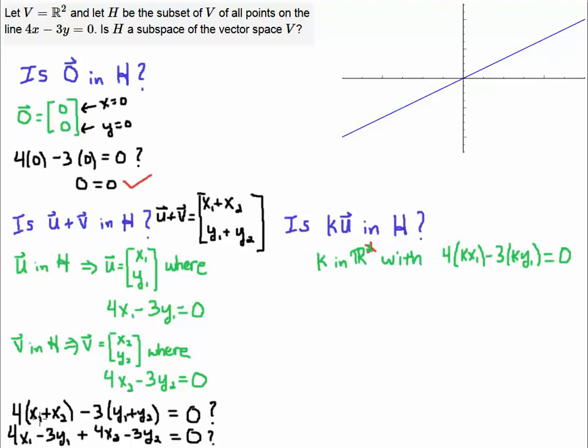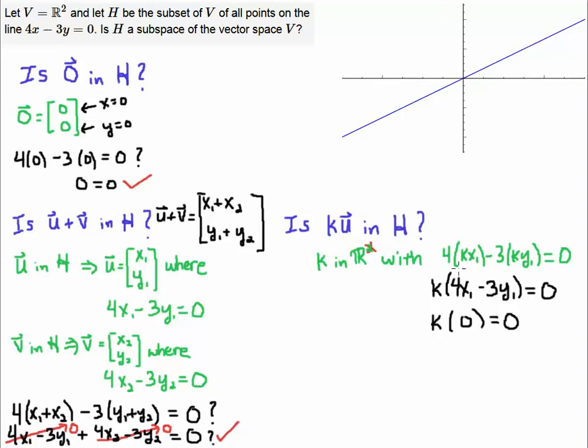So I have 4x1 minus 3y1 plus 4x2 minus 3y2, and is that going to be equal to 0? Well, 4x minus 3y is equal to 0. That's up here. That's our test. So 4x1 minus 3y1 is equal to 0 because, remember, x1, y1 is in the space, right? 4x2 minus 3y2 is also equal to 0, and 0 plus 0 is equal to 0. So check, u plus v is in the set.